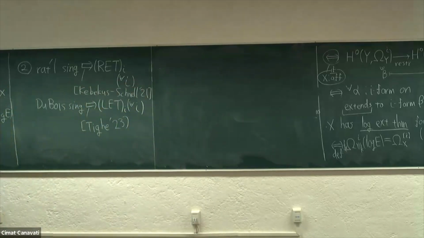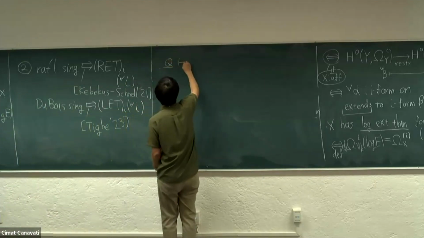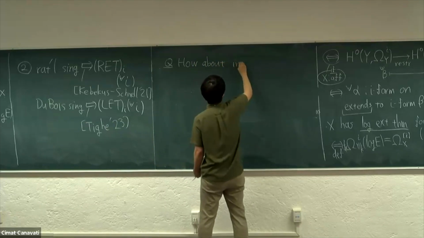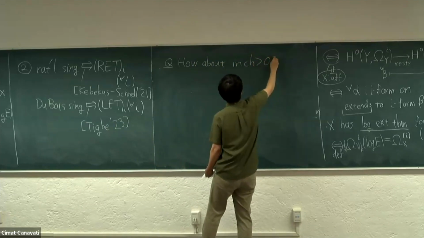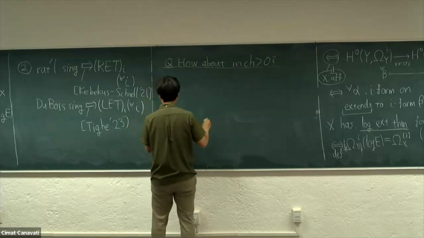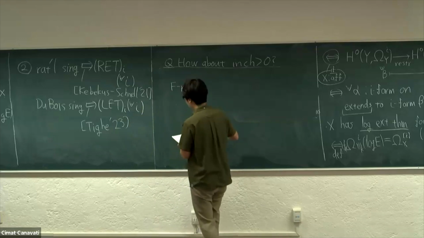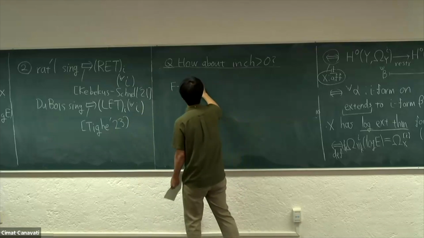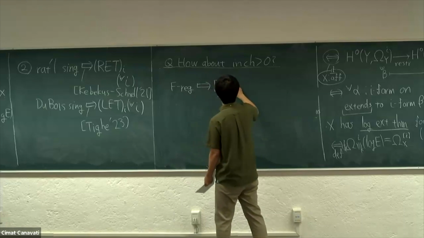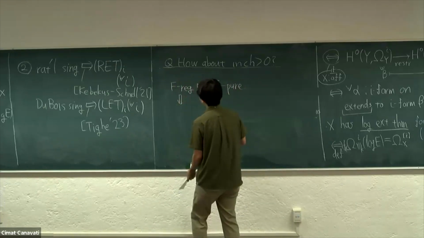Okay, so next. Today we consider the positive characteristic case. I have no time to define the singularities, but people may know them, so I just write a diagram instead of the definitions. There are many notions in positive characteristic.